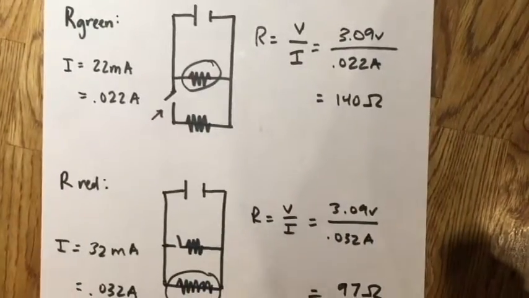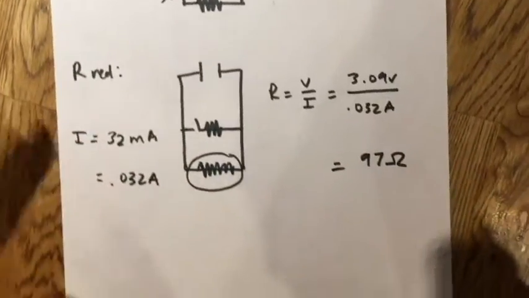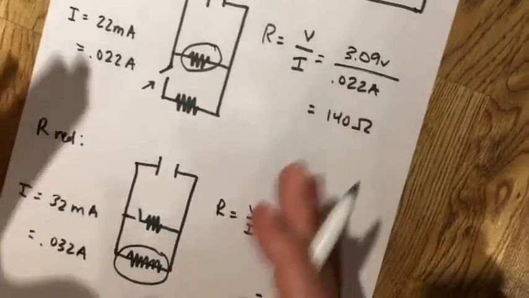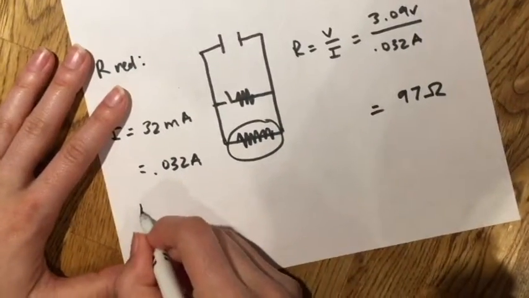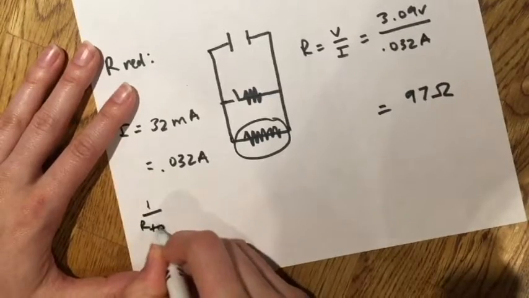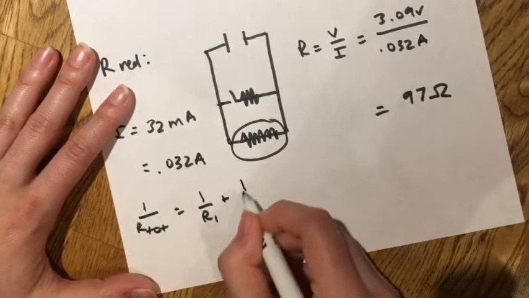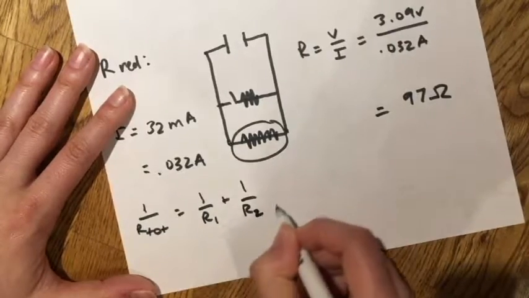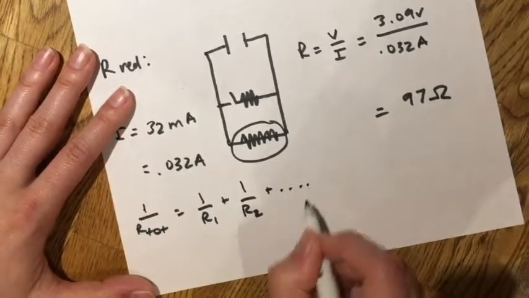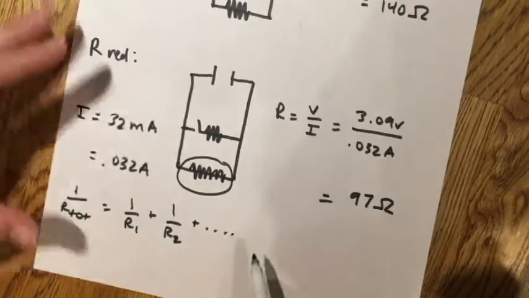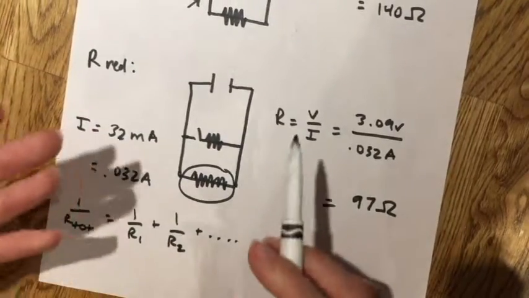Okay, so now that you have both of your individual resistances, we're going to find the total resistance. To do this, for a parallel circuit specifically, we're going to use this equation: 1 over resistance 1 plus 1 over resistance 2. Now, this equation can keep continuing depending on how many resistors are in your circuit.